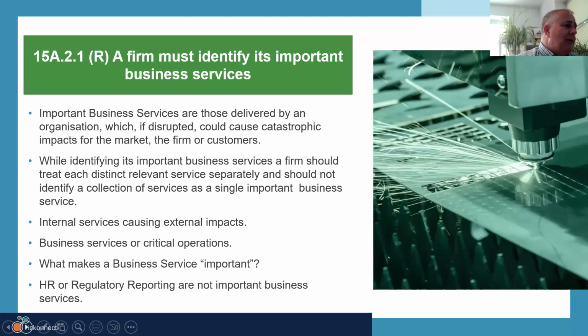The difference with OpRes is you have to get your head around what could the impact be to the wider market. It's not just can we recover, it's what would the impact be to the wider market, the wider community.